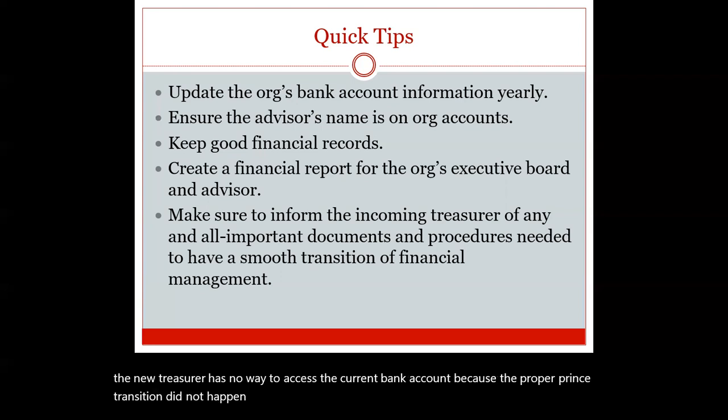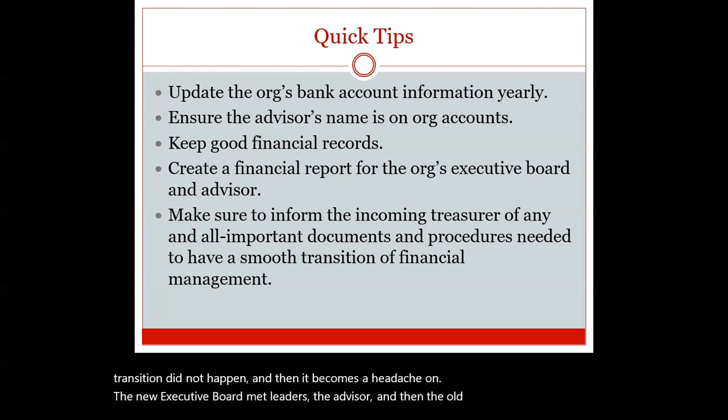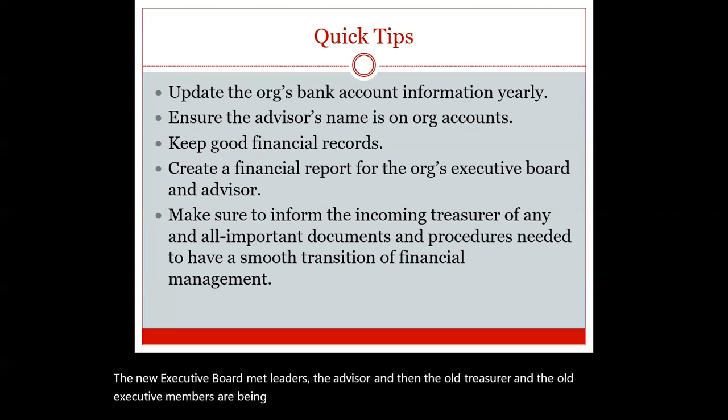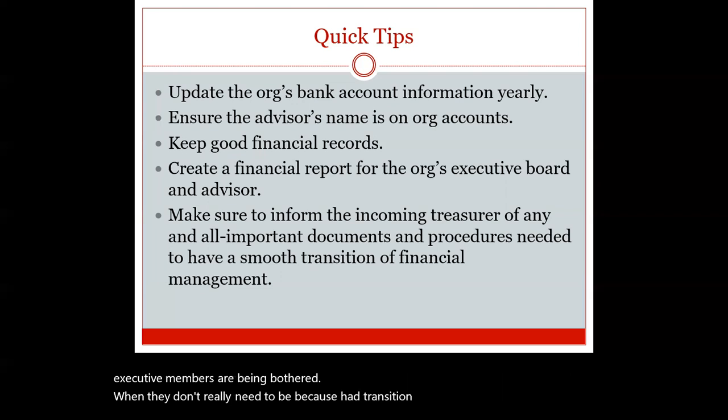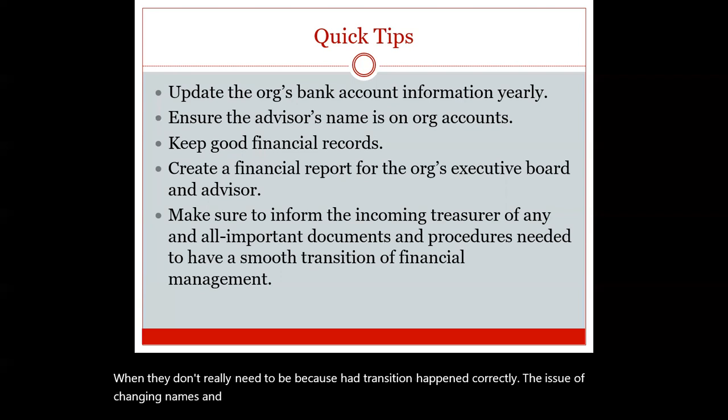And then it becomes a headache on the new executive board leaders, the advisor, and then the old treasurer and the old executive members are being bothered when they don't really need to be, because had transition happened correctly, the issue of changing names and updating the bank account information would not be a big deal.